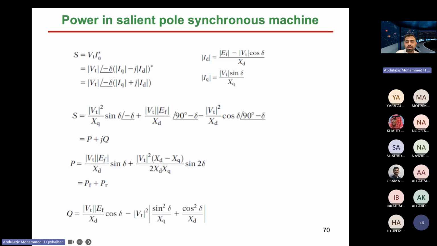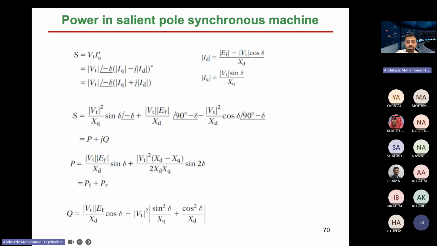Take the real part. If you take the real part, which basically comes from this VTEF over XD, and then the other part that comes from the sine 2 delta, you will notice that the real power has the first term same as the round rotor.